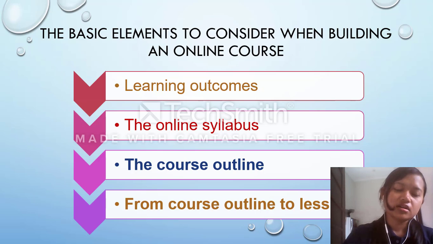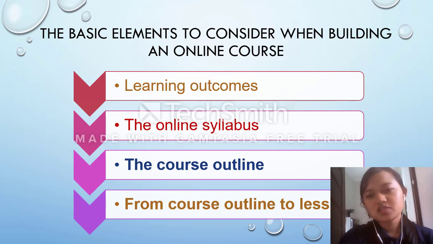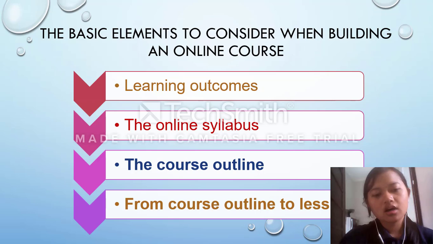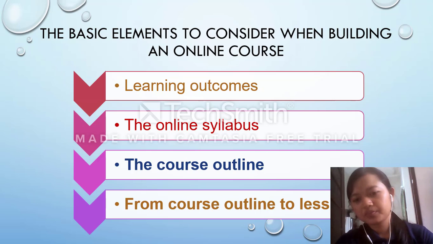And then the next is working backwards. You next plan out what assessment you will need to assure the learning outcomes have been met. And the next is using the assignment as the measure of your content.